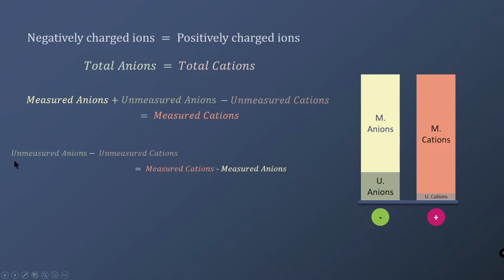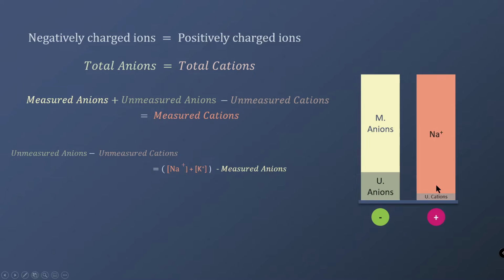Now let's substitute. We don't know what the unmeasured anions are. Of course I will tell you later, but just consider that for now we don't know what the unmeasured anions and unmeasured cations are. But for measured cations and measured anions we can substitute the actual ions. What are measured cations? These are sodium and potassium, right?